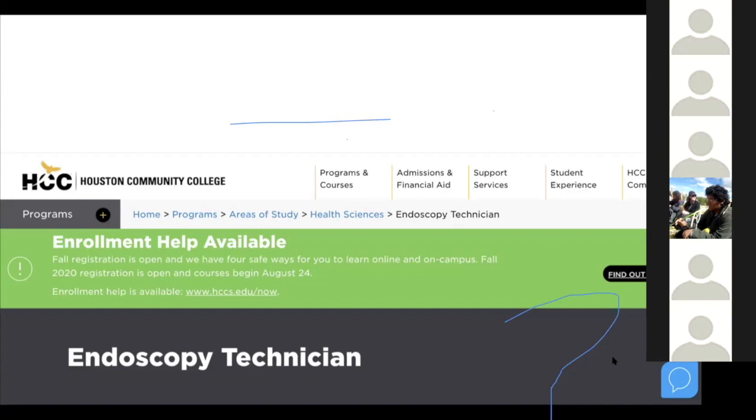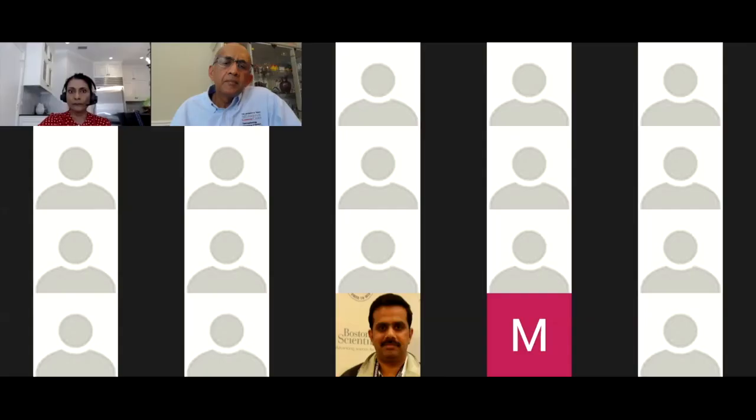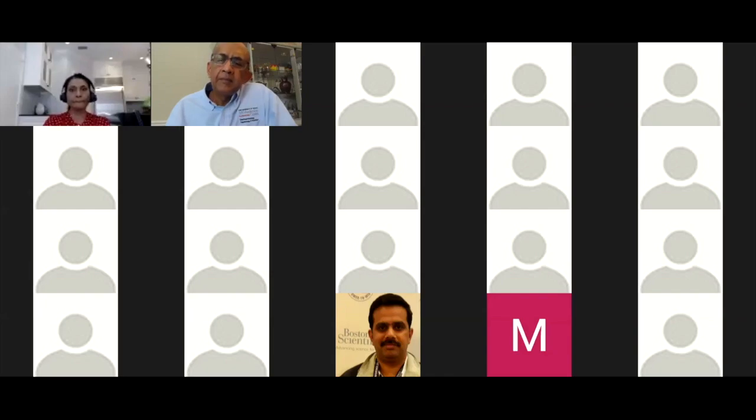Good morning. We don't have data of how long it takes the scope, but of course we follow the manufacturer recommendations and infection control, plus the enzymatic detergent time. So that's adding extra time. That's how we process our scopes. Especially if we are reprocessing the duodenal scopes, we have to do the leak test manually, and that is recommended per Olympus. And then we have to do our manual cleaning.